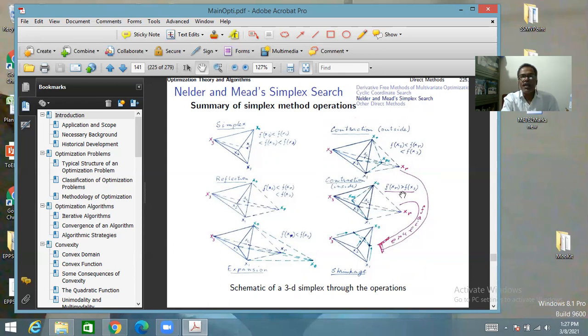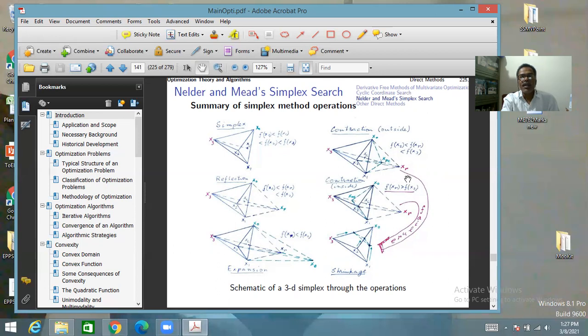If these two processes fail, in this case here or in this case here, the function value shows that it is not acceptable. Here it is worse than xr, here it is worse than x3, xn, then you don't accept it.